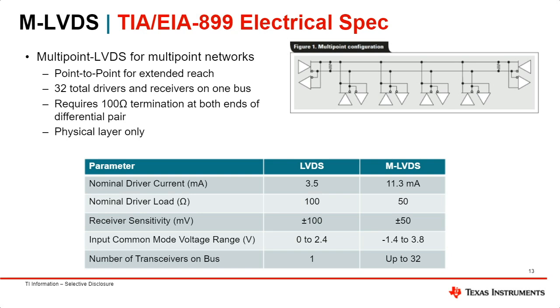The last feature is that bus pins for MLVDS receivers are ensured to be within 0 to 2.4 volts, and they're capable of accepting a common mode voltage range of -1 to 3.4 volts, and will allow for plus or minus 1 volt ground shifts between the different nodes in a multi-point configuration.